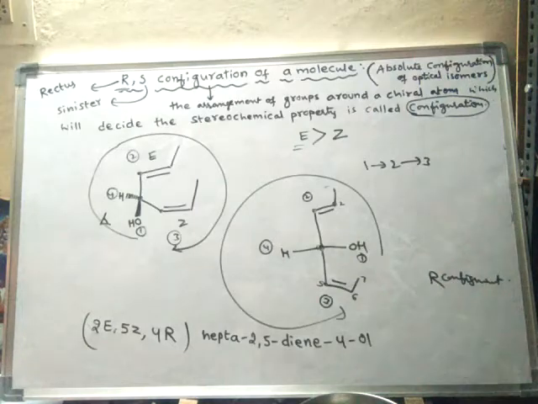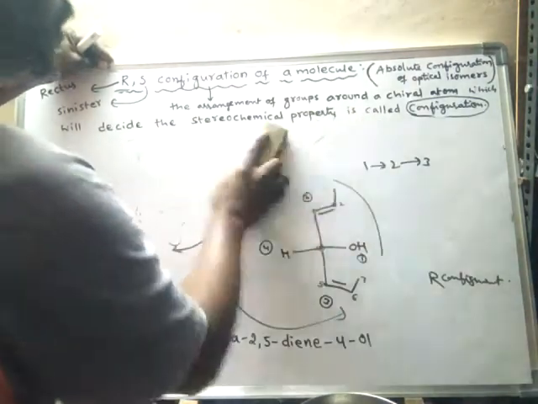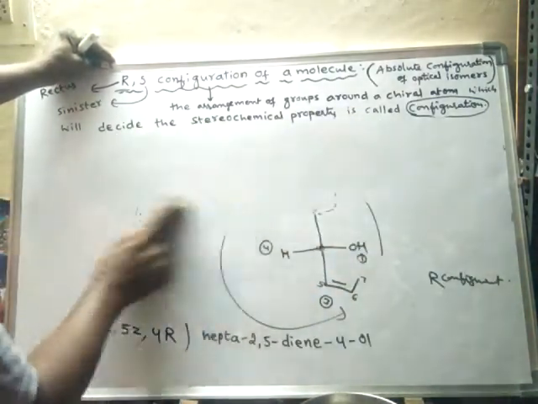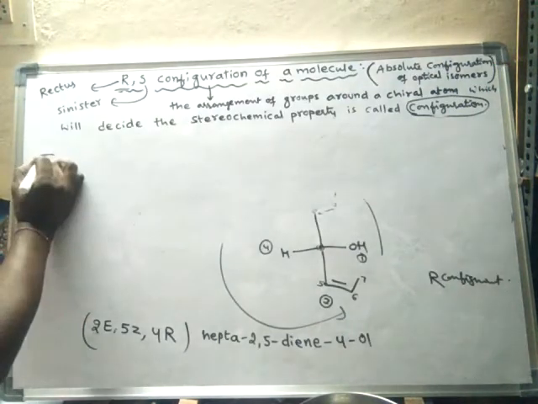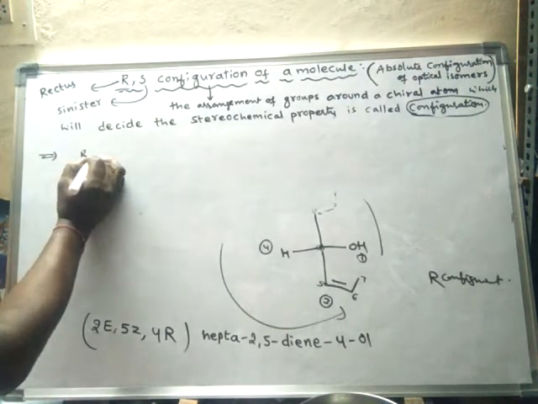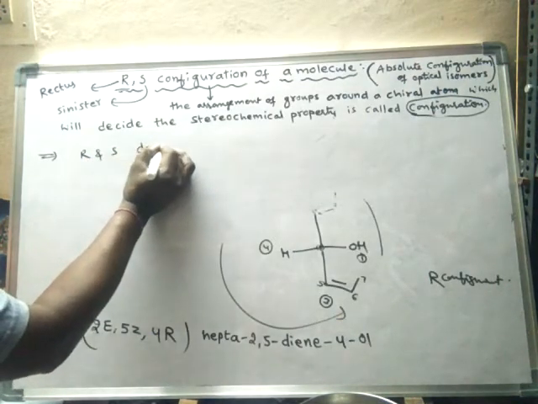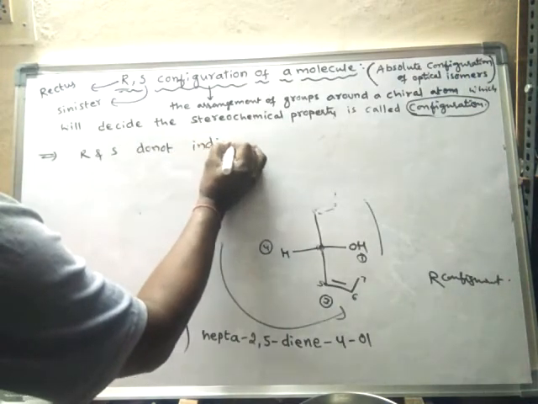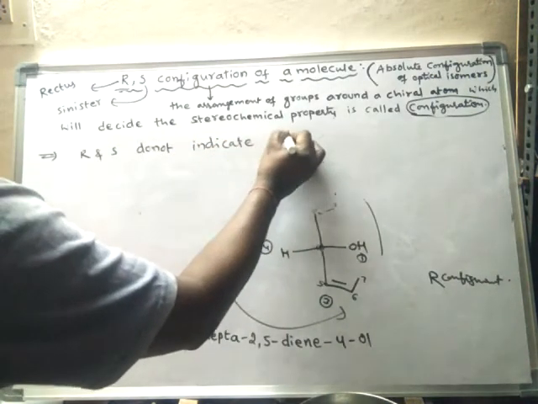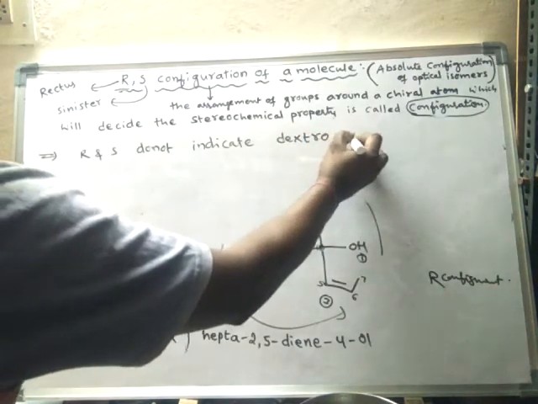See, R and S do not indicate dextro or levo. Write one point: R and S do not indicate dextro or levo.